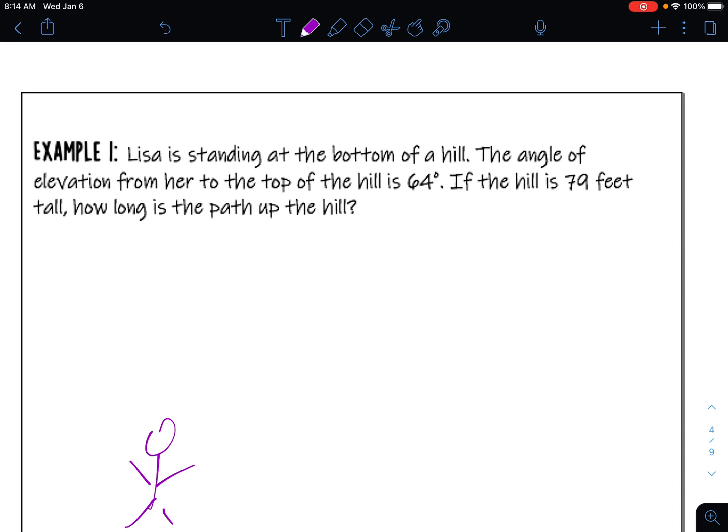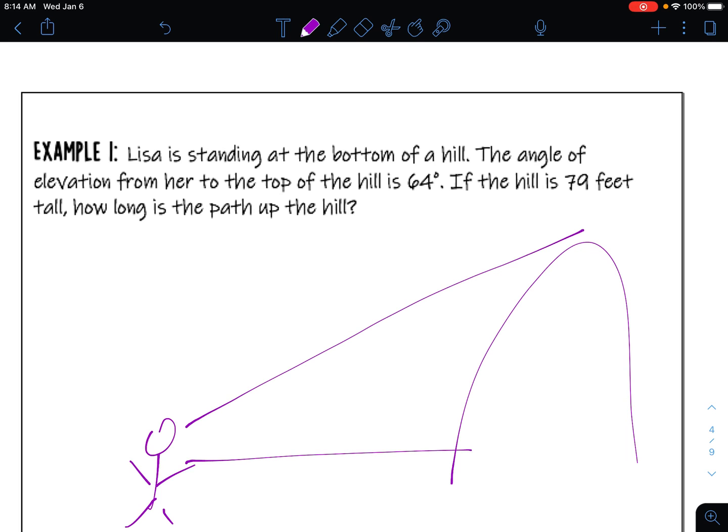The angle of elevation, so here's the hill. Top of the hill is 64, so she's looking ahead to the top of the hill is 64 degrees. If the hill is 79 feet tall, how long is the path up the hill?